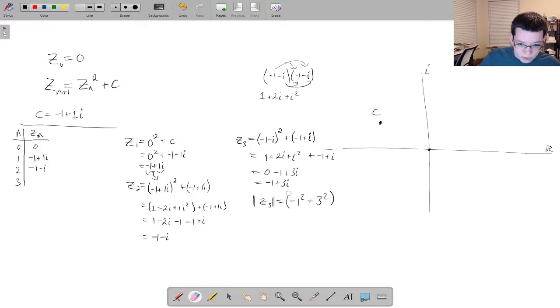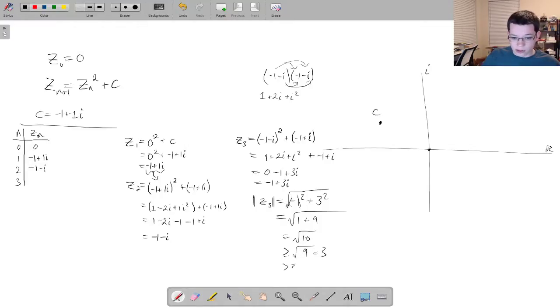Actually, square rooted. So then you have the square root of 1 plus 9 equals the square root of 10, which is greater than the square root of 9, which is equal to 3.